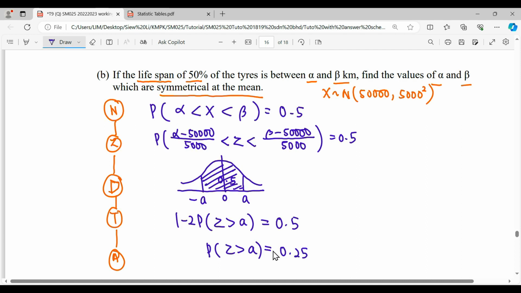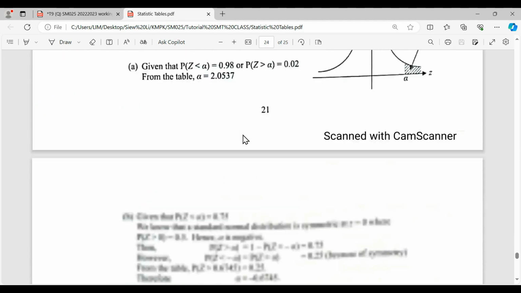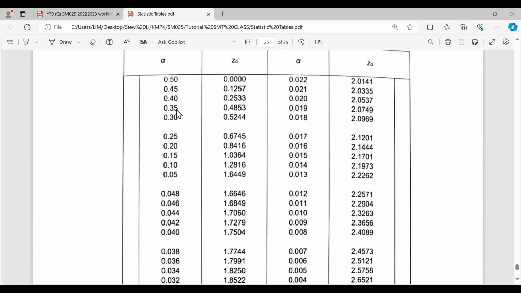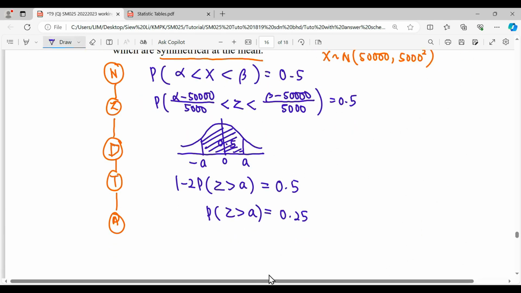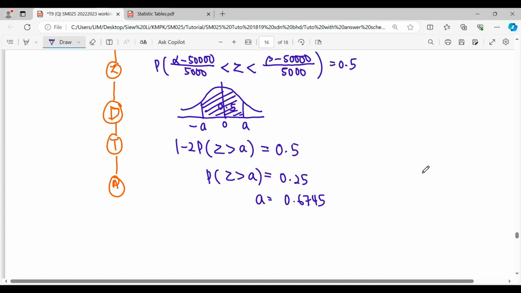So from here, we're going to find out what reading can give us probability 0.25. So we refer to the last page here where the probability is given 0.25, with the z-score here being 0.6745. So our A will be 0.6745, which means that one is negative 0.6745 and another one is positive 0.6745.